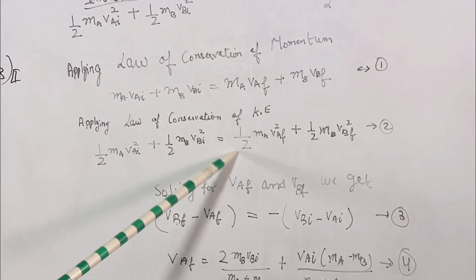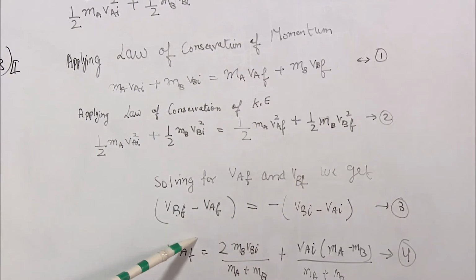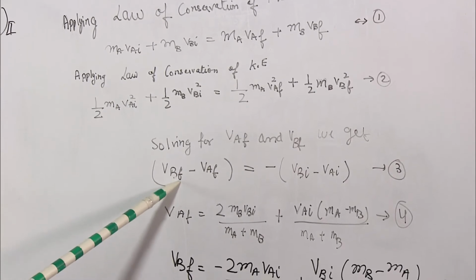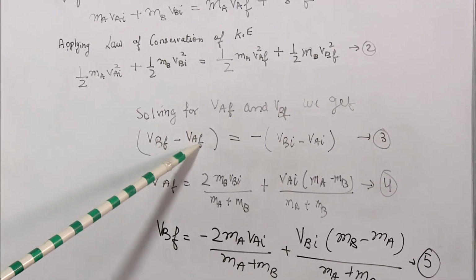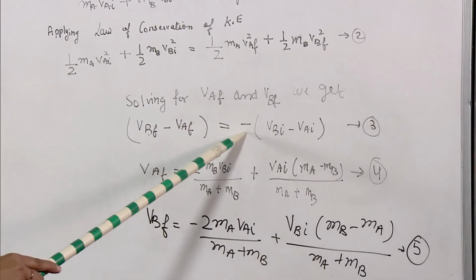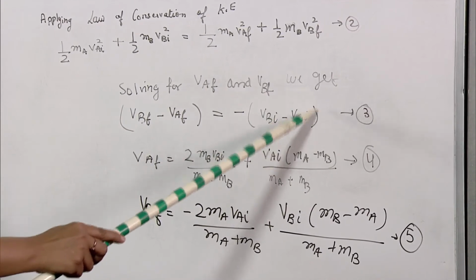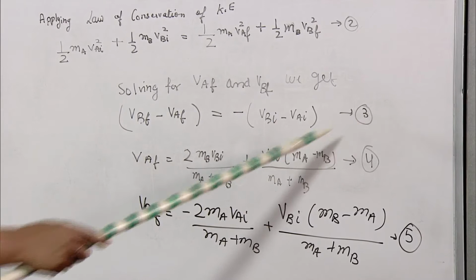Avoiding the tedious calculation on the board, we get this result, which I am writing on the board: VBF minus VAF, the velocity of B final minus the velocity of A final, is equal to the negative of (VBI minus VAI). This is equation 3.